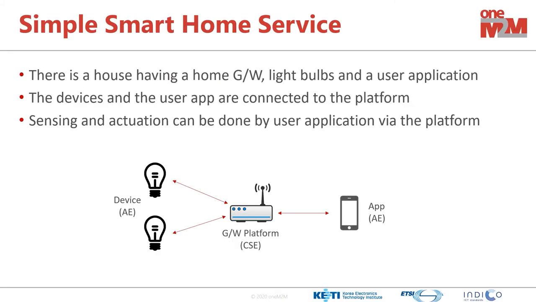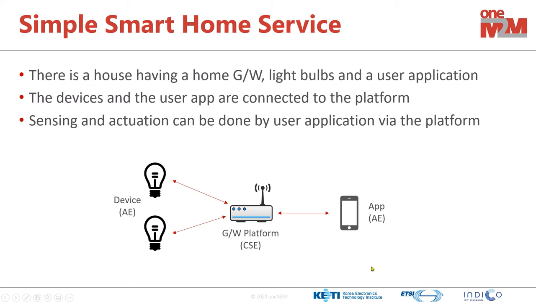So here's the use case. In TR25, there are two different CSEs, the gateway platform and the server platform. But just to focus on the API use cases, there is only one CSE. Again, this is a really simple smart home service.